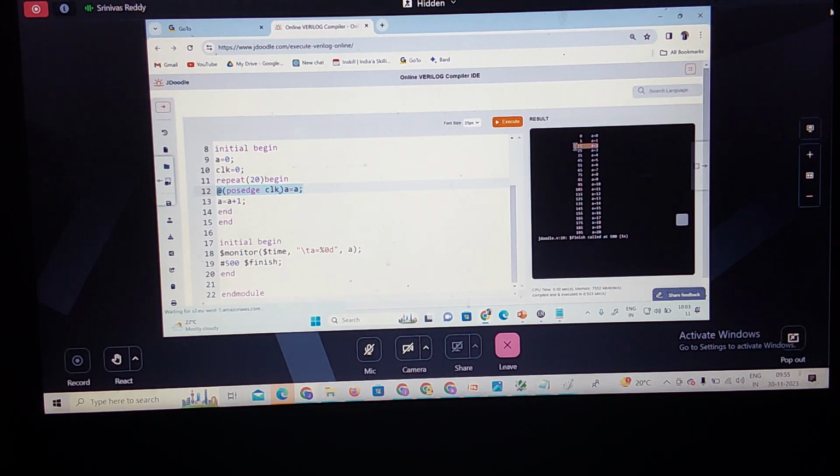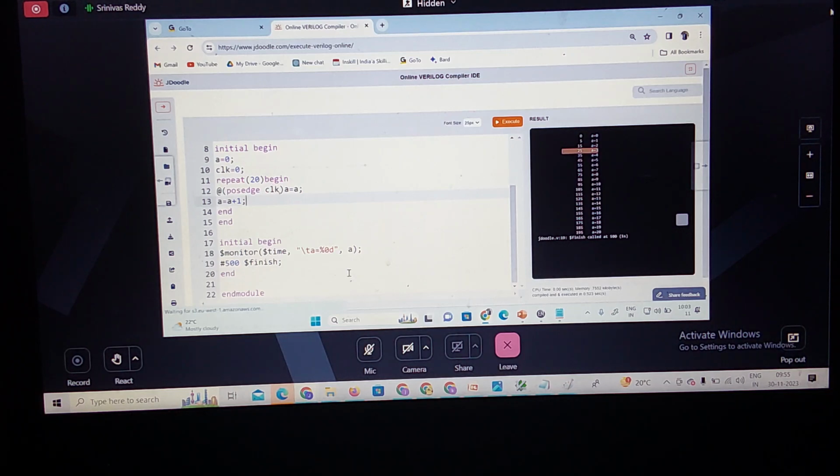At 15, A is equal to 2. Again at 25, A is equal to 3. All the positive edges. But it is not delayed by 20. My question is: I want to delay the statement A is equal to A plus 1 by how many positive edges of the clock? 20 positive edges of the clock.